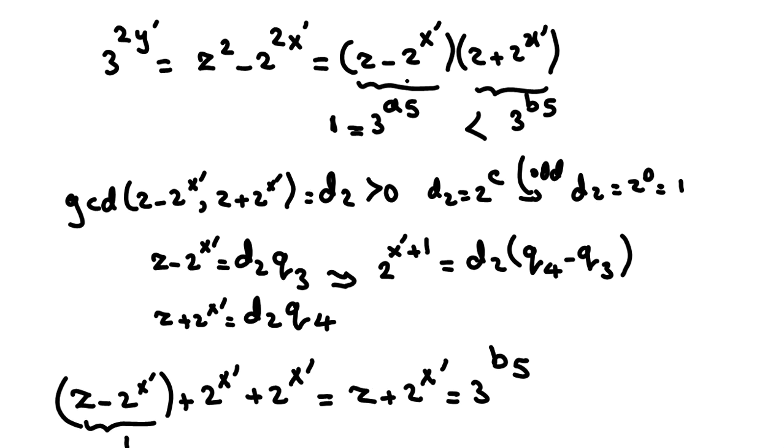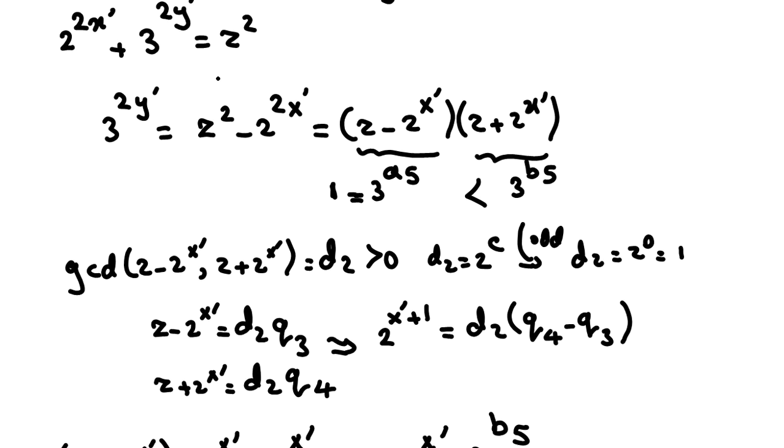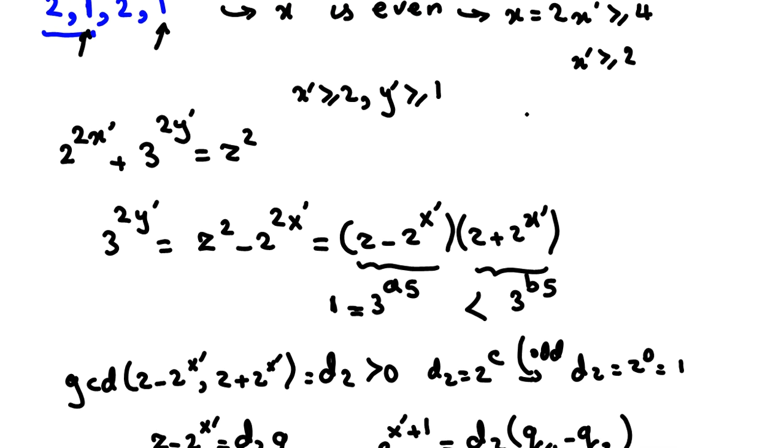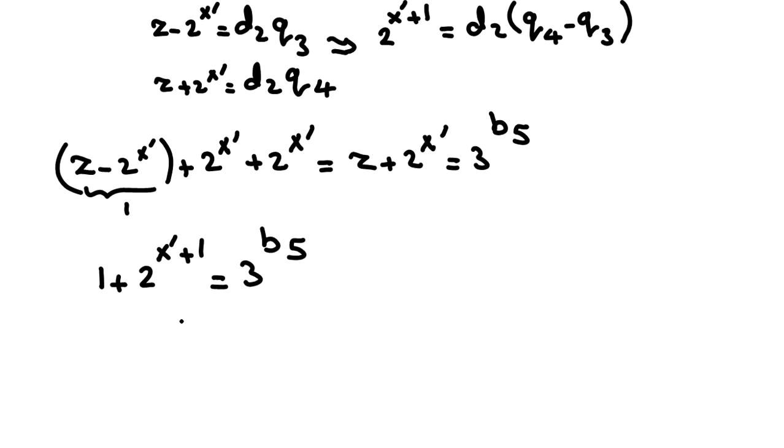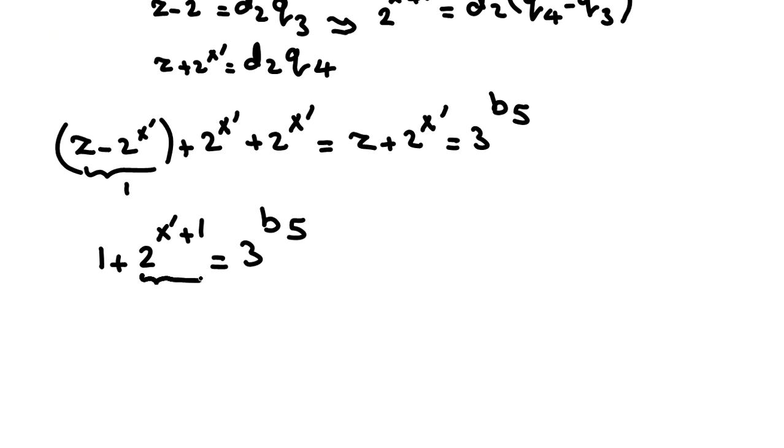It is z minus 2 to the x prime. We said, okay, x prime is at least 2. Because x prime is at least 2, it is a multiple of 8, for example 8w1. So if you consider the remainder when divided by 8, it is 8w1 plus 1. The remainder of this when divided, it is 8w2 plus what or what?